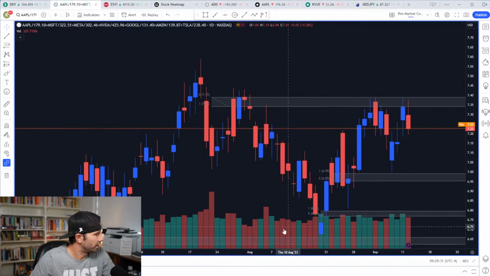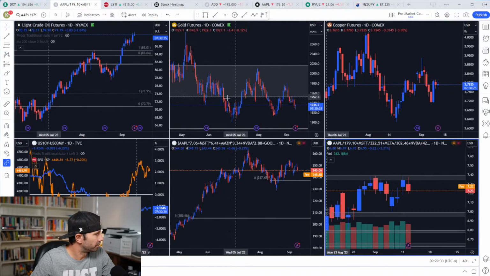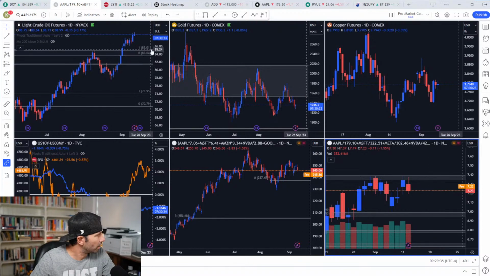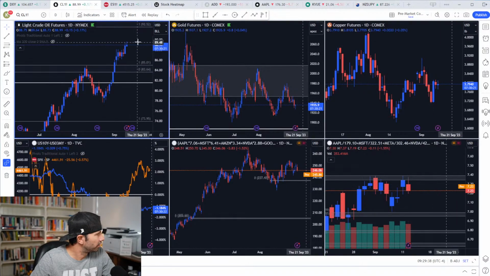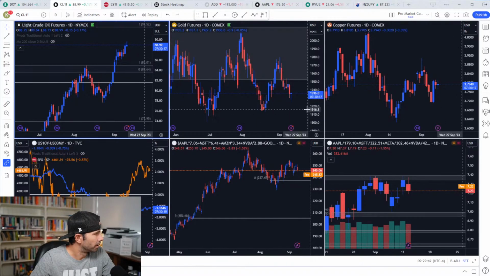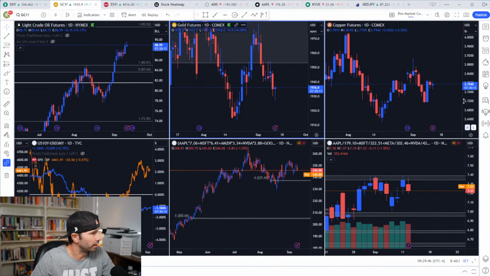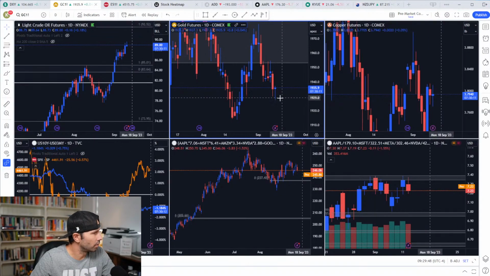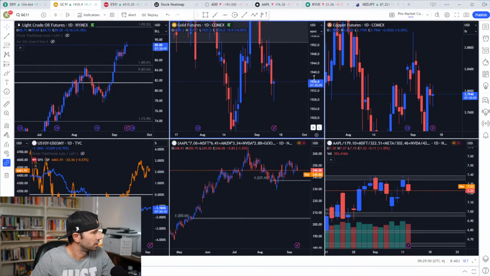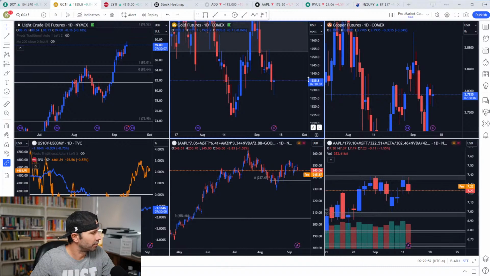Let me review here the commodities, because crude oil is almost at $90, but look at this. Gold and copper are more neutral, but gold is neutral bullish. So when we have this, we have a mixed bag on the commodities.